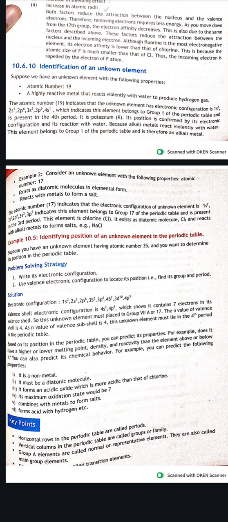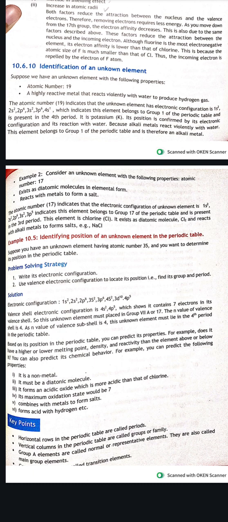Its maximum oxidation state would be 7, it combines with metals and forms an acid with hydrogen. So basically it will belong to group 17, and it's a halogen. It's a non-metal, and its oxide is more acidic than that of chlorine, and oxidation state would be +7.